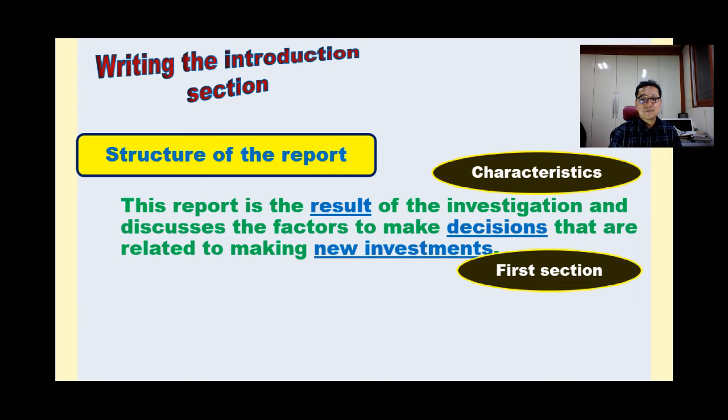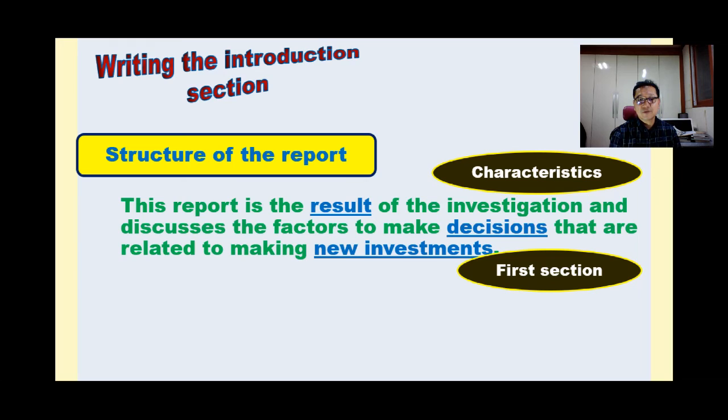Actually, the sections as the steps of the structure of the report refer to the sections that were already addressed on the previous page, right? You remember the 5 sections of business reports, which are executive summary, introduction, methodology, findings, and conclusion. Yes, the steps refer to those sections.